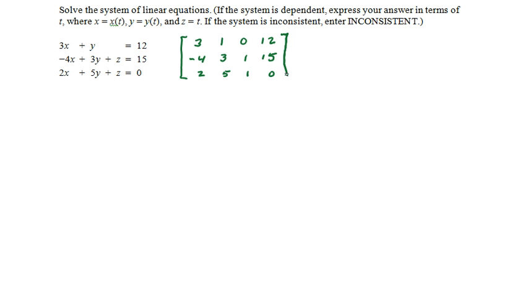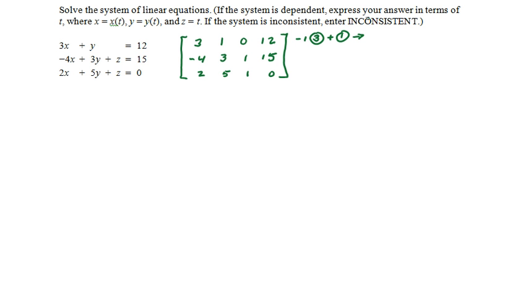This is a tricky matrix to work with because we don't have a 1 in the first column, which helps us choose which row will be an operator. This time I'm going to let row 3 be the operator and take -1 times row 3 and add it to row 1.